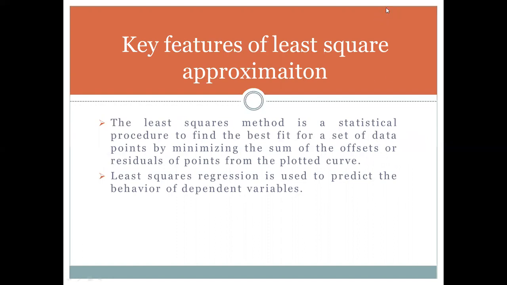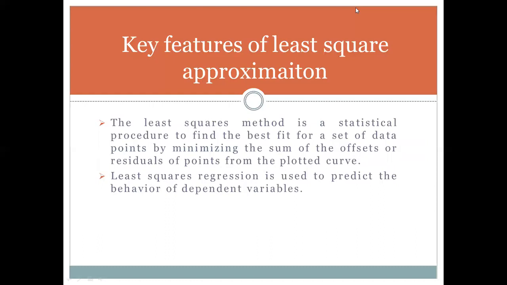The least square method is a statistical procedure to find the best fit for a set of data points by minimizing the sum of offsets or residuals of points from the plotted curve. Least square regression is used to predict the behavior of dependent variable.